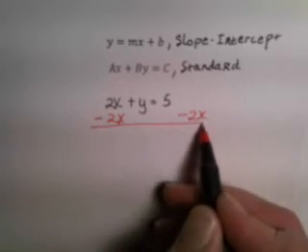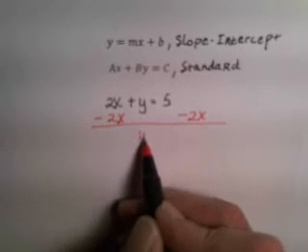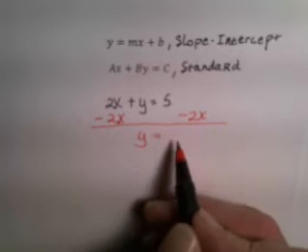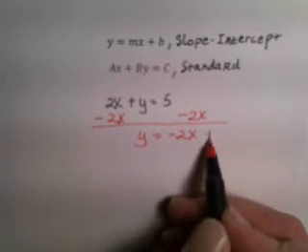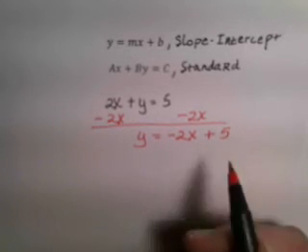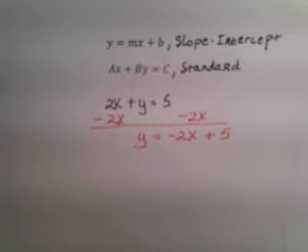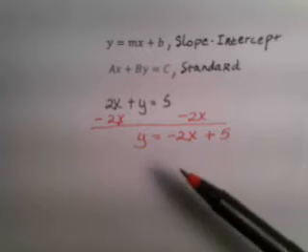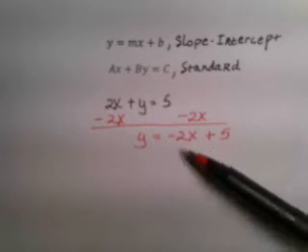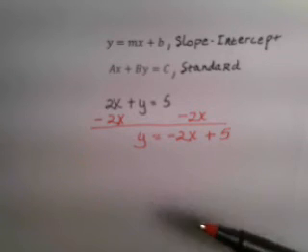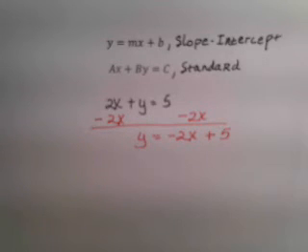Minus 2x on both sides. We'll end up with y is equal to negative 2x plus 5. We could have written 5 minus 2x, but since we were trying to get this in slope-intercept form anyway, we want our x term to come first. So that was pretty easy to do.